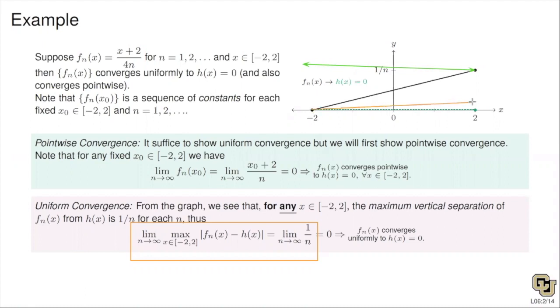Even at this point, you can see uniformly, every function value is within this fixed distance. Every point is within this distance. There's no point that's further out than that horizontal line I drew there, that second one.